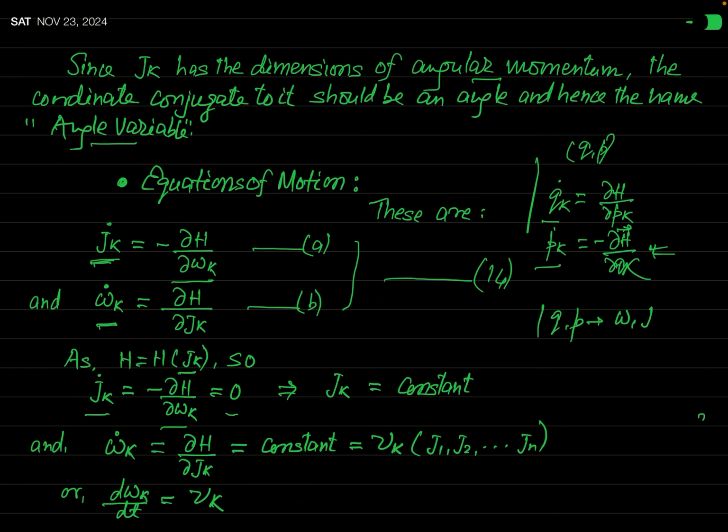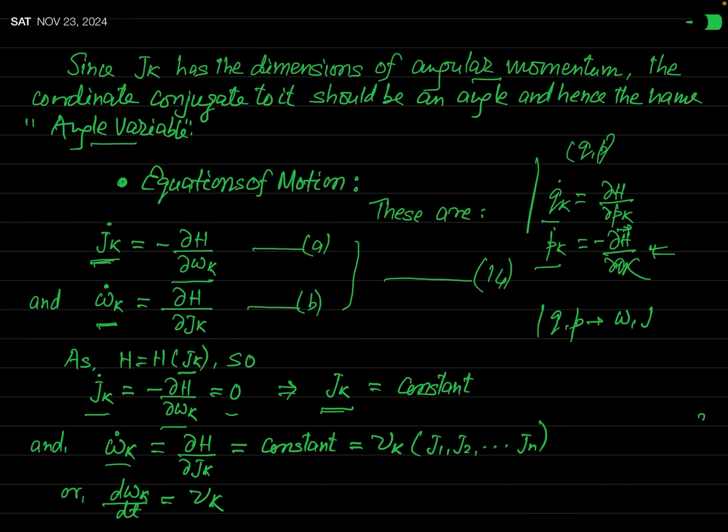But as Jk dot is 0, it means dJk by dt is 0. That means Jk is constant. So from this first Hamilton's equation, we obtain the result that Jk equals constant. Now let us see the second equation: omega k dot equal to del H by del Jk.